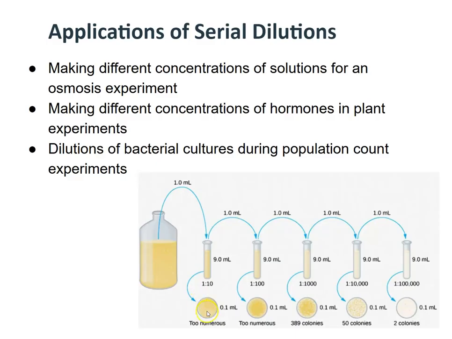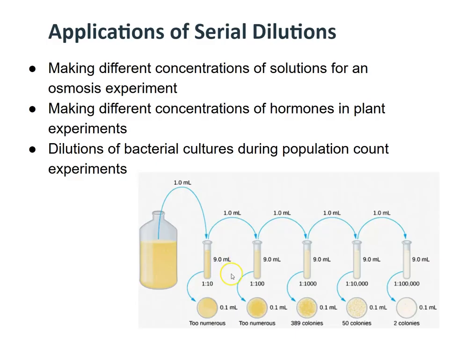You can't even see individual colonies because there's just so much. So then we would do a serial dilution, still too much. Do another one, still too much. And you would keep doing that until you can make it countable. So 2 colonies, right? But if we wanted to then estimate how much was present in the original container, then we would just go backwards with the math based on those 2 colonies. And that way we can say we counted 2 colonies and then use that as an estimation for what would have been present in the original container.